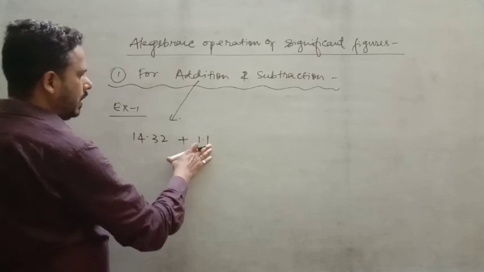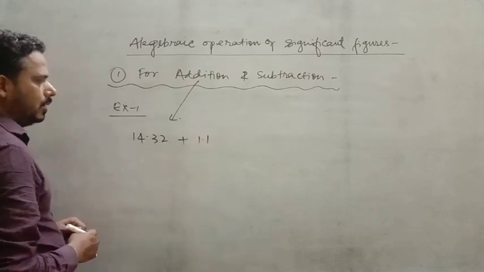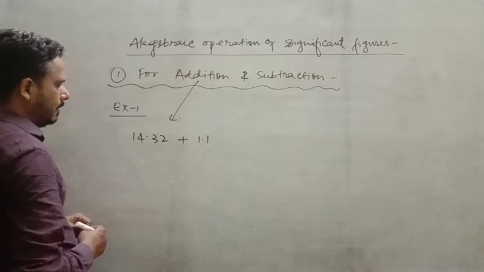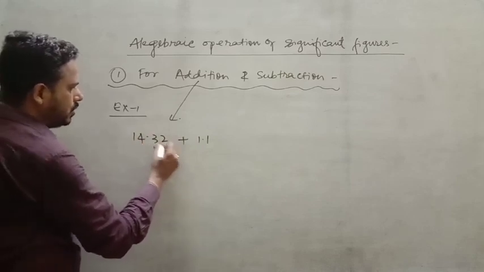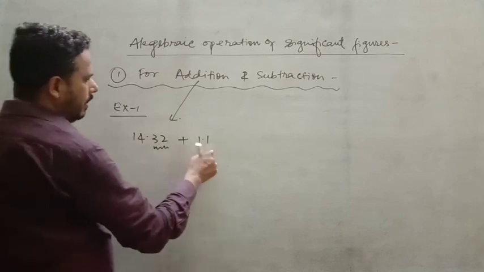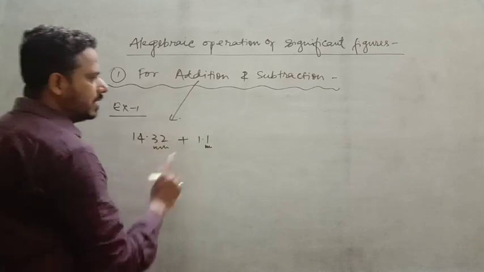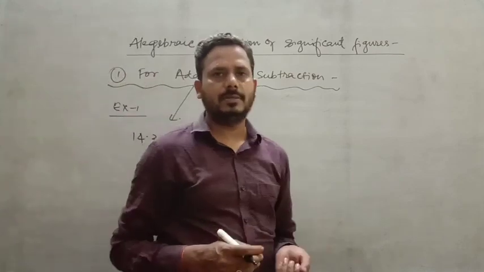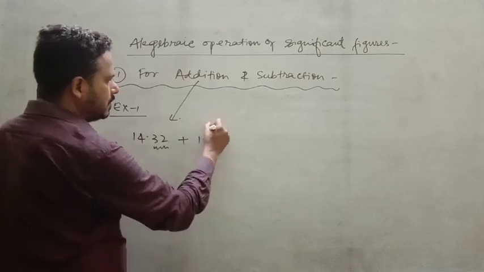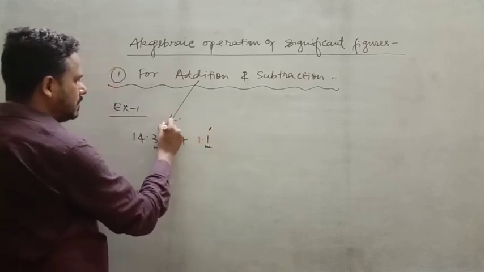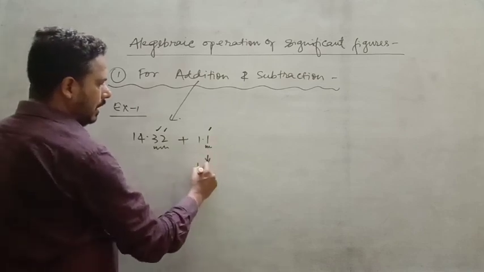We have taken these 2 numbers. What we are seeing is that after the decimal we have 2 digits here, and here after the decimal we have only 1 digit. So which one has the least number of digits after the decimal? Definitely this one is your least number, because there is only 1 here, and 1 and 2 there.